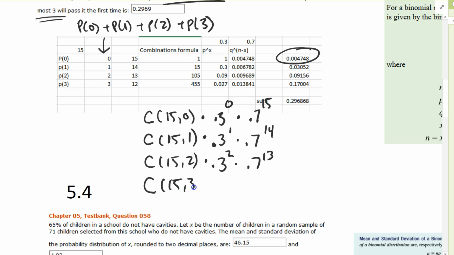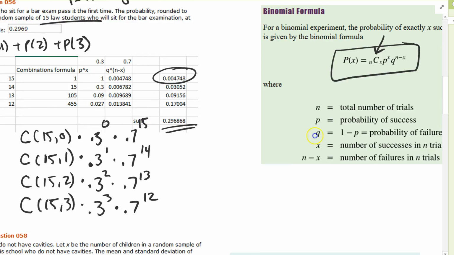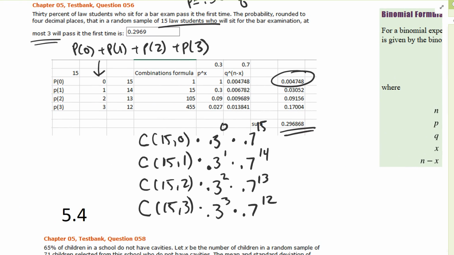Combination of 15 choose 3 would be 0.3 cubed times 0.7 to the 12th power. Those 4 numbers added together will give you the probability that at most 3 will pass. So that's just applying the binomial formula X amount of times. If it says at most 4 will pass, then you would have to do the next one, the probability that 4 pass, and add them together.